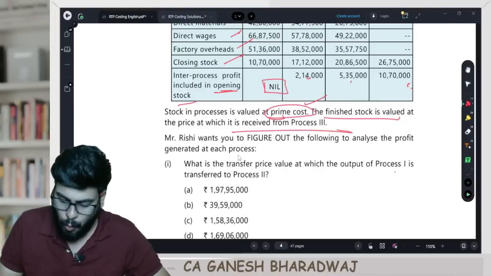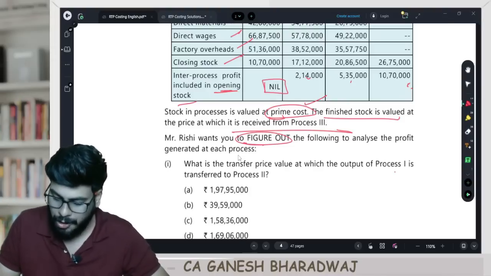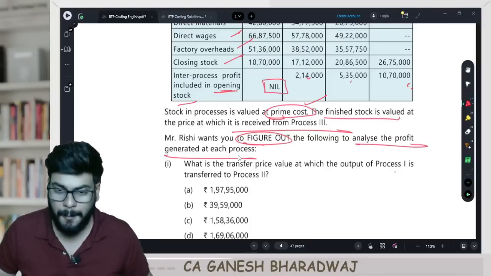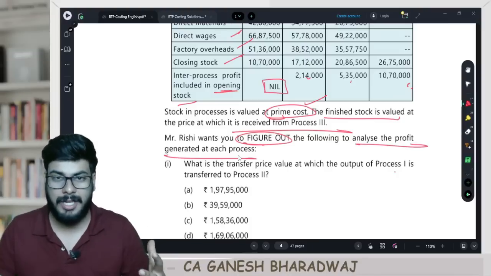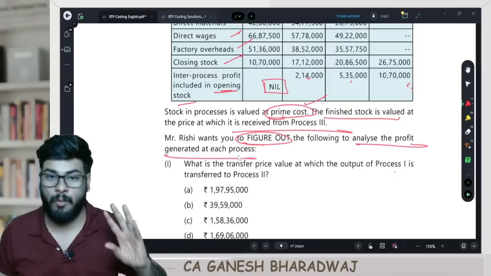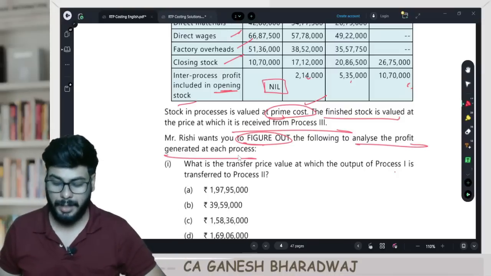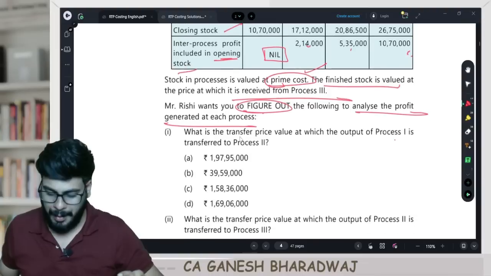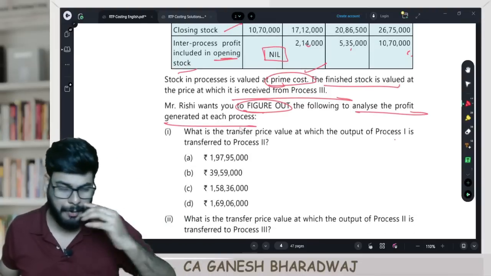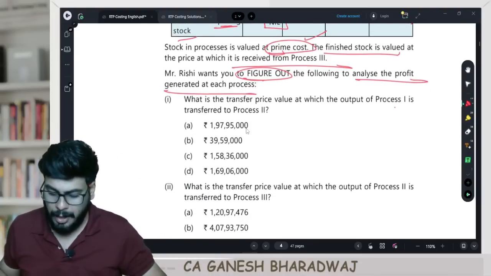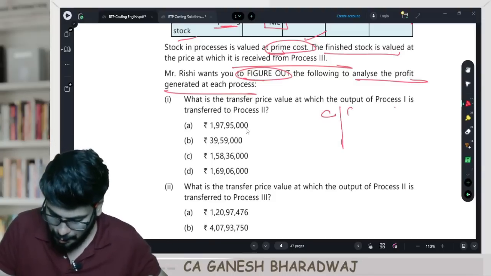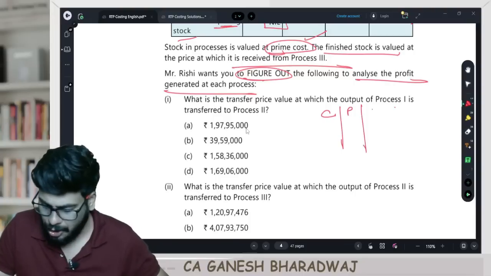Mr. Rishi wants you to figure out the following to analyze the profit generated at each process. Now, this is something that we have seen in our regular lectures, but nevertheless, one very important thing I want to share with you all is that when we are preparing these process accounts under this topic of inter-process profits, we maintain three columns: cost, profit, and then a total column.